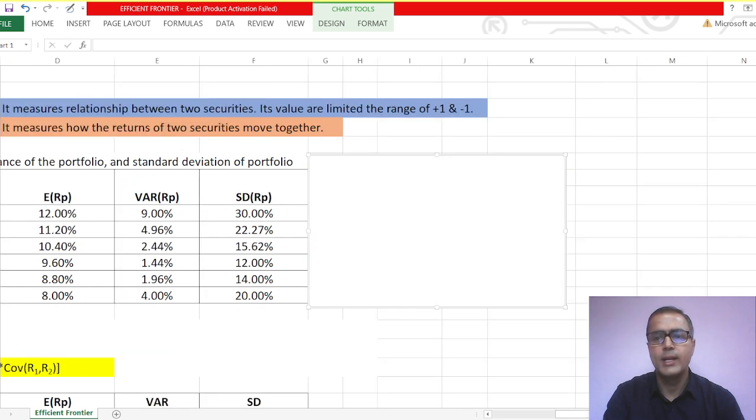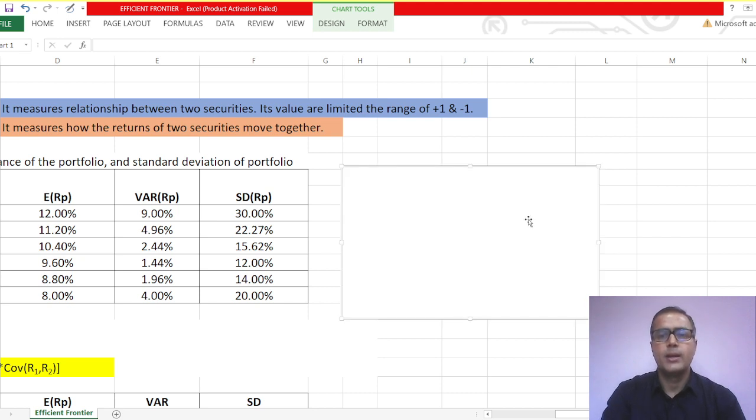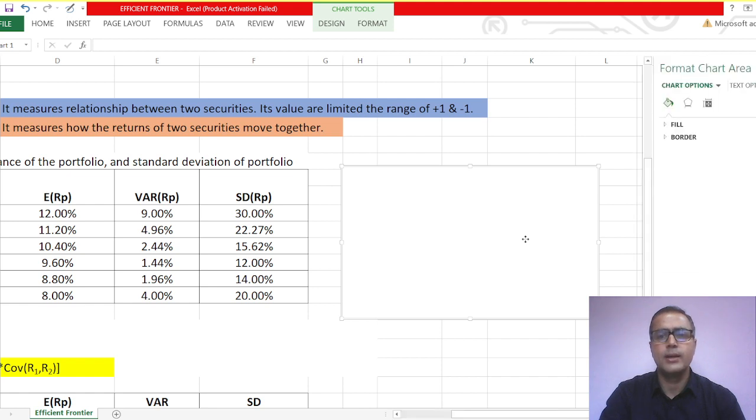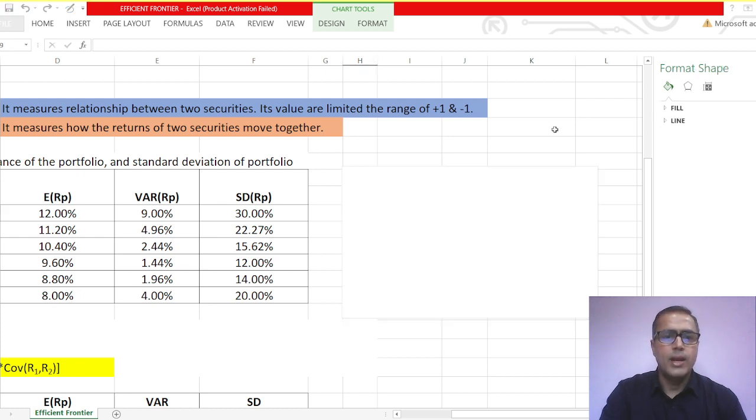Then you just drag it, right click and select the data, and then click on Add. Remember, for the efficient frontier on the x-axis we need to show the standard deviation of the portfolio.